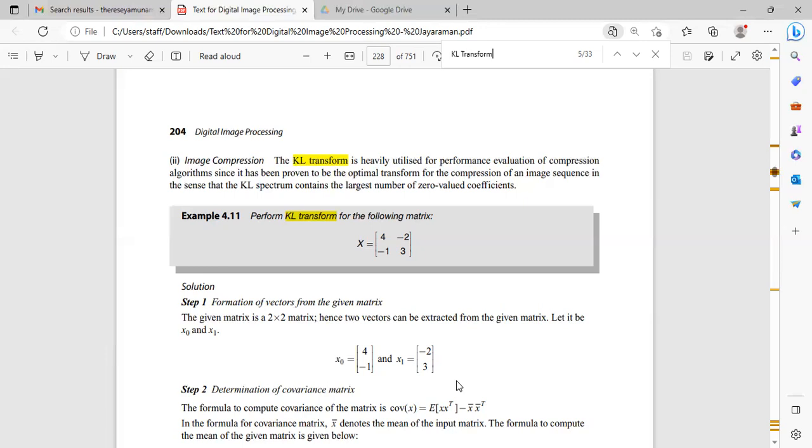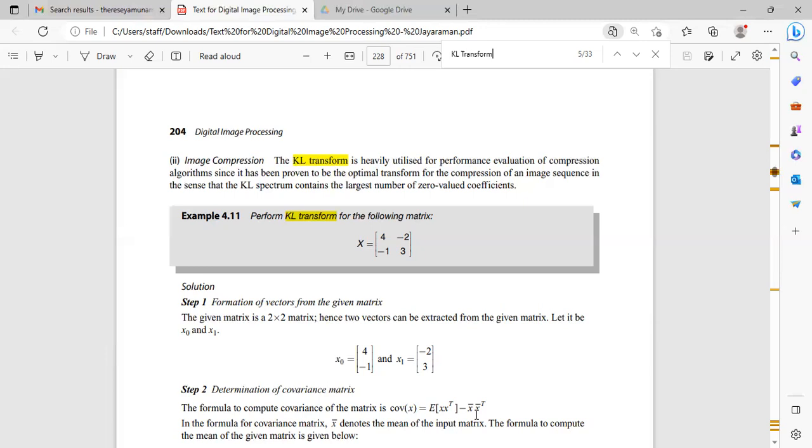Then determination of the covariance matrix. How will you determine the covariance matrix? Covariance of X will be equal to the expectation of X into X transpose minus X bar into X bar transpose. X bar represents the mean of the input matrix.